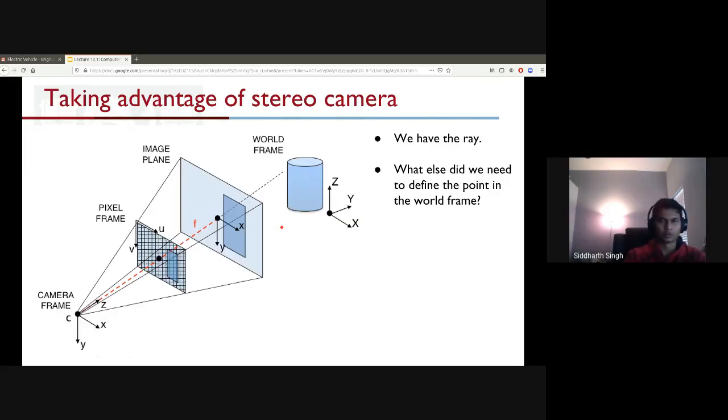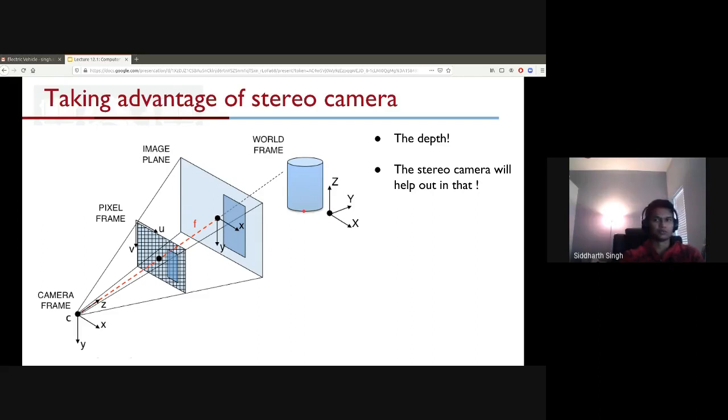Now, again, we have the ray. Is there anything else we need to define the point in the world frame? Anybody? Okay.